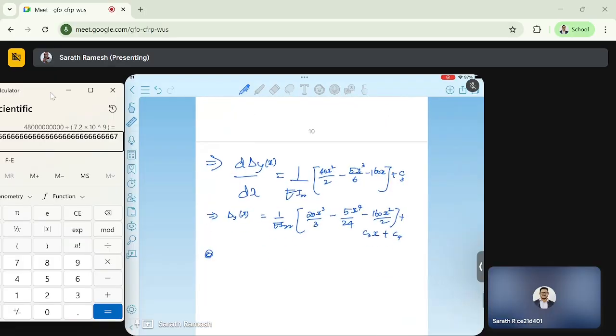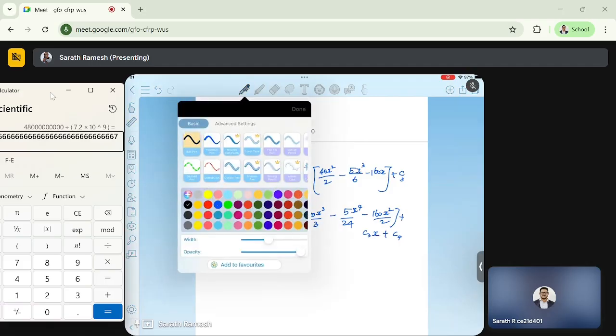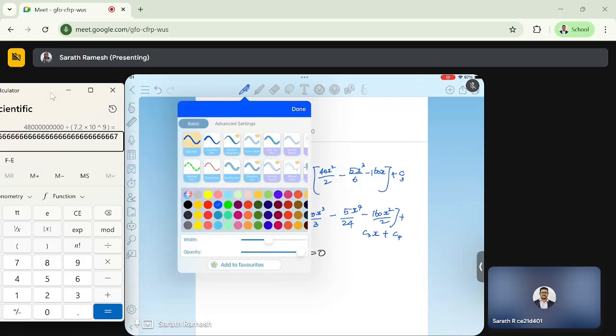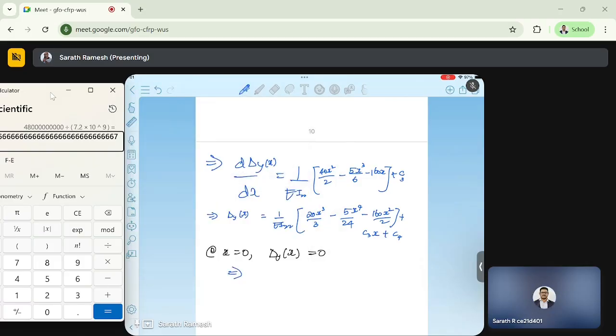At x equal to 0, delta y of x is 0. This implies C4 will be 0. Good.